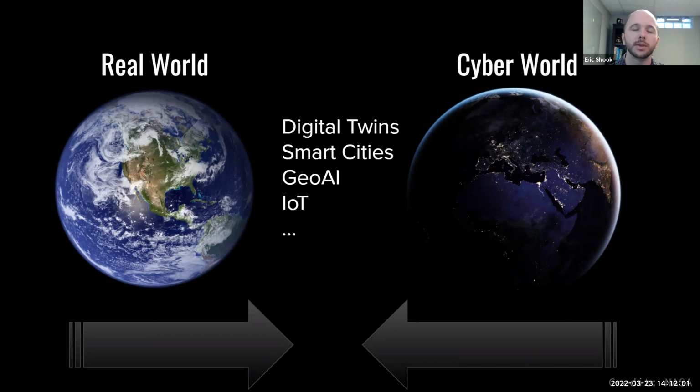So common names that you might see nowadays are digital twins, smart cities, geo AI, geospatial data science, Internet of Things. The list continues to grow as we deploy more sensors, more satellites, more data gathering techniques, as we collect and make sense of more data through a variety of different methods, techniques, and technologies.